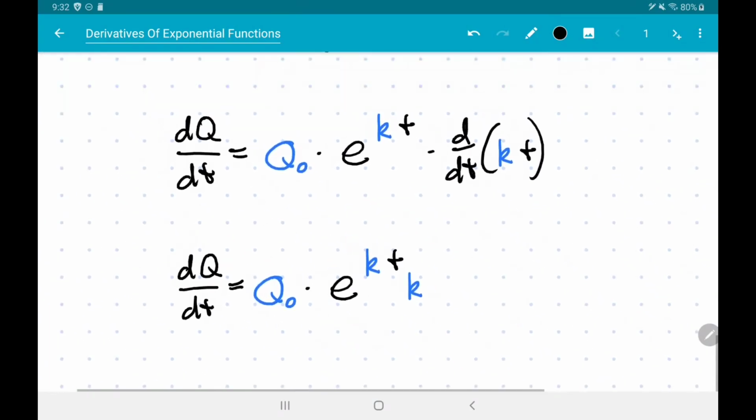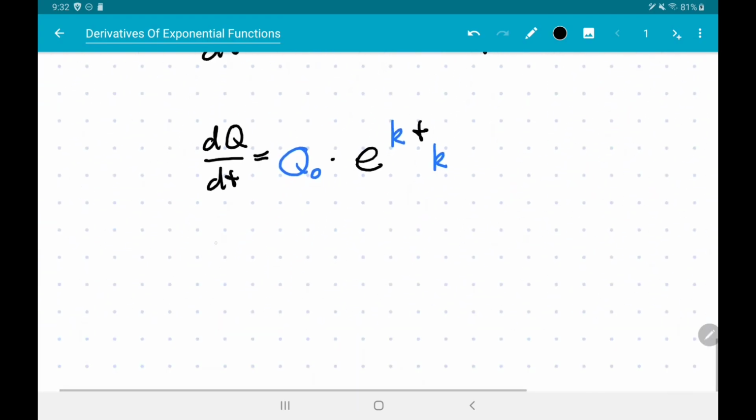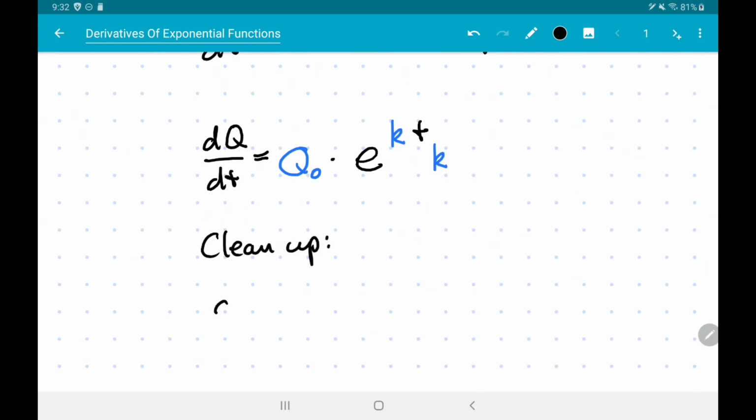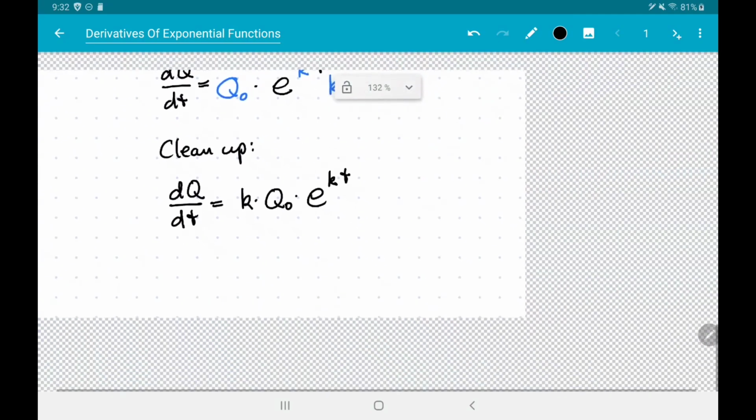Okay, so there we go. dq over dt is q sub 0 times e to the kt times k. And if you wanted to, you could clean this up a little bit. It's traditional to put the constants, constant factors, out front, and there we go.